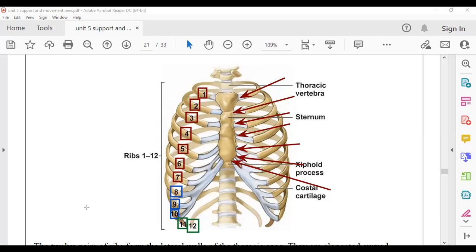They are called floating ribs. What are the 3 types of ribs? True ribs, false ribs, and floating ribs. How many pairs belong to the true ribs? 7 pairs. False ribs? 3 pairs. And floating ribs? 2 pairs. Clear?